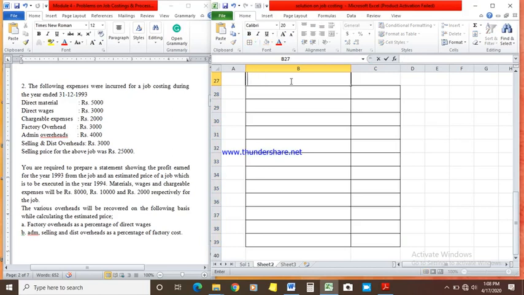I'll say estimated job cost sheet for 1994. So particulars, amount. You have given direct materials, mentioned as 8,000.